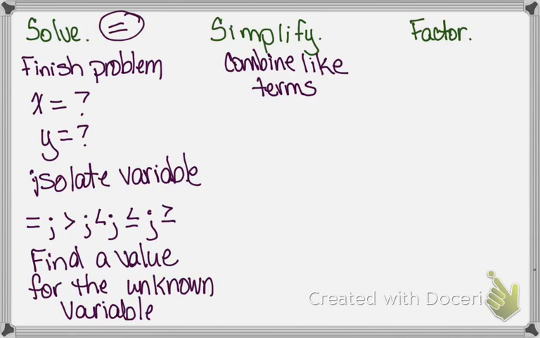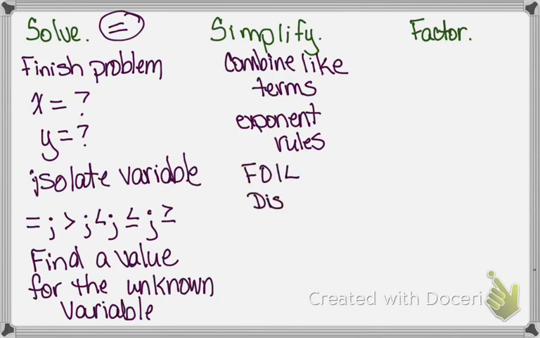X squared times x to the third equals x to the fifth. Okay, are those our exponent rules? Okay, so we talked about exponent rules last week. Okay, what other properties did we have to do? Did we FOIL? Distribute?